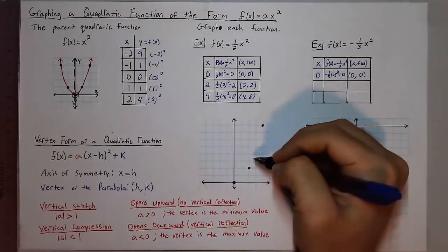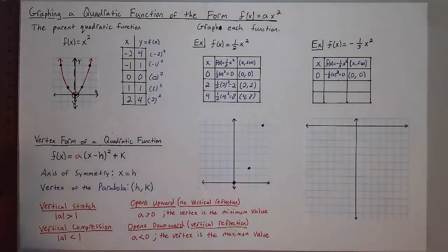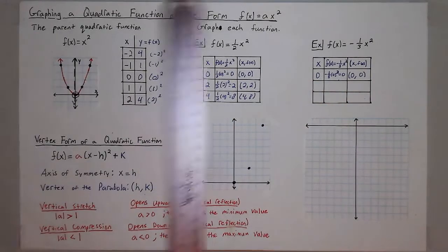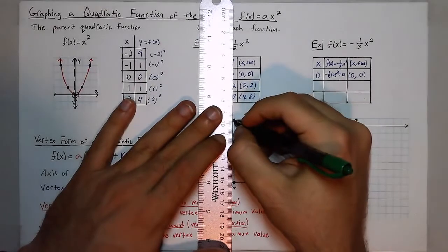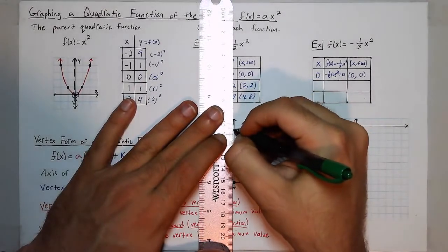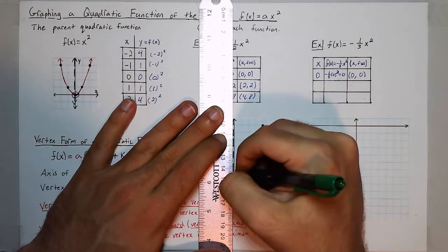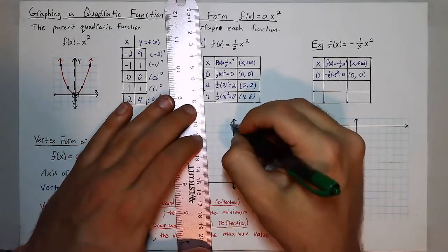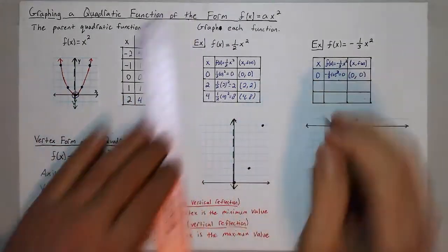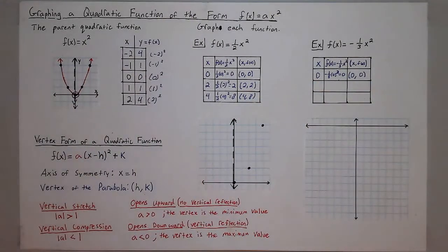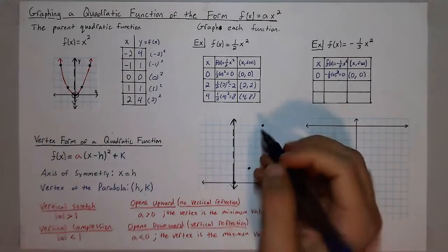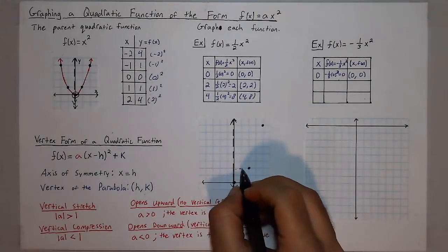So now I have these points, but that's only half the parabola, but we do know that these shapes are symmetric. So there is an axis of symmetry. It goes right through the vertex, and it will split the shape in half, and I can reflect every one of these points.